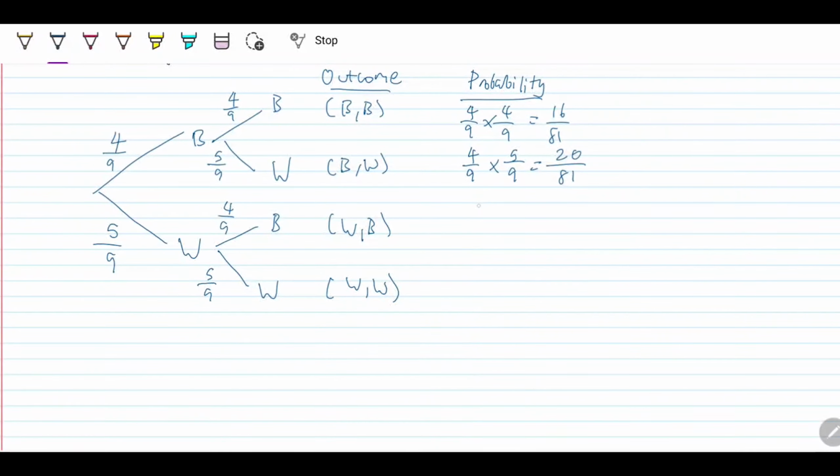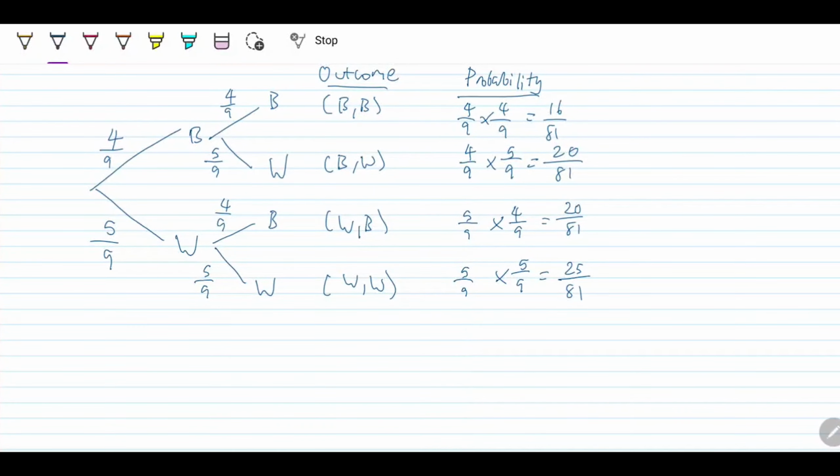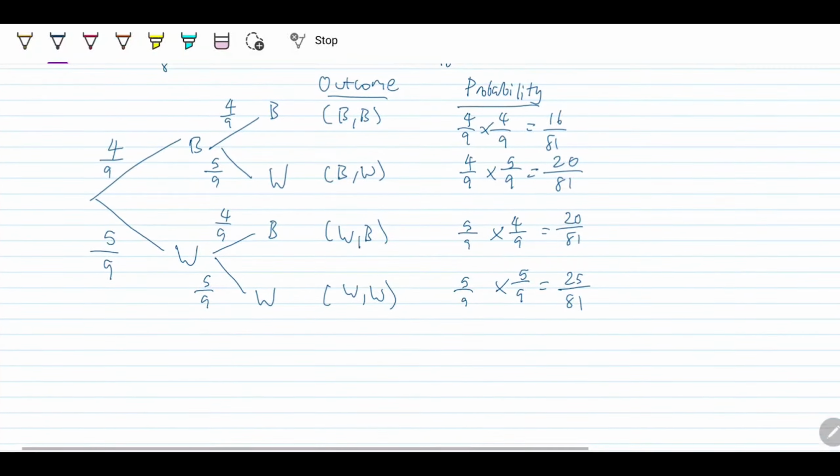To get WB, that's going to be 5 on 9 multiplied by 4 on 9, which is going to give me 20 on 81. To get WW, that's going to be 5 on 9 multiplied by 5 on 9, which is going to give me 25 on 81.